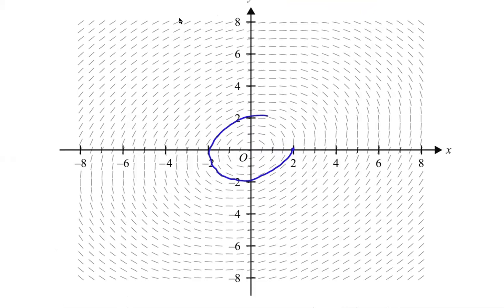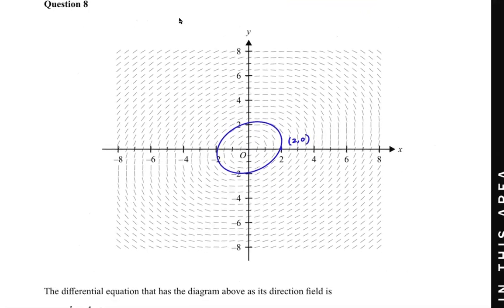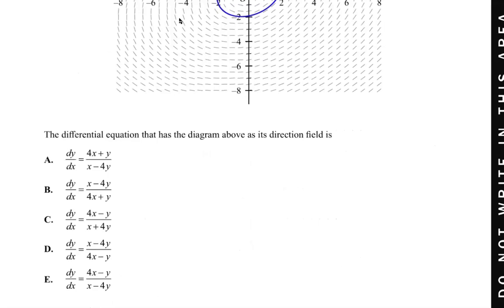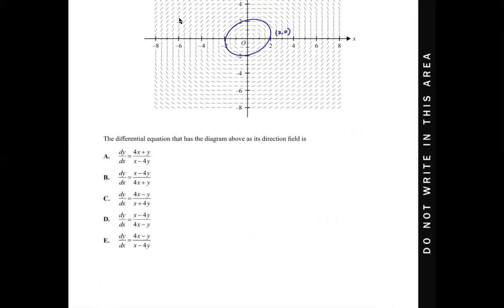I'm just drawing a line of best fit. Looks like that, right? So now I'm going to incorporate my arbitrary initial condition 2, 0 with one of the options and sketch it on the CAS calculator.